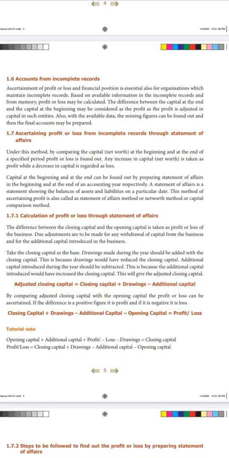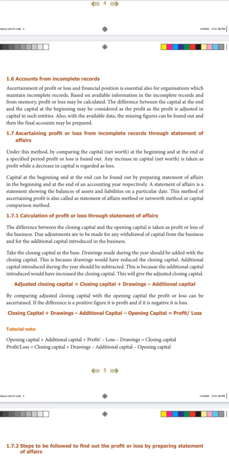Accounts from incomplete records. For any type of organization, they first have to find out the profit or loss and also the financial position, because that is the most important aspect for any organization.